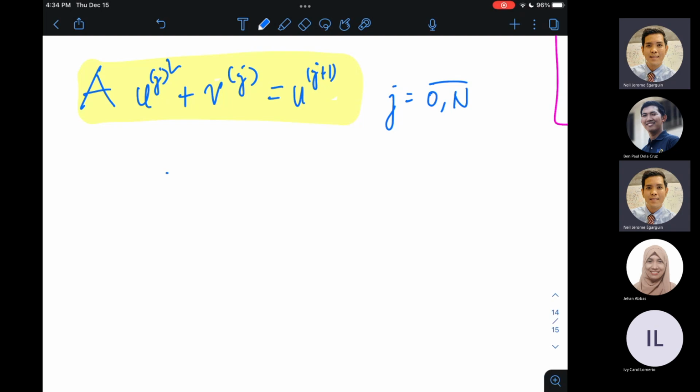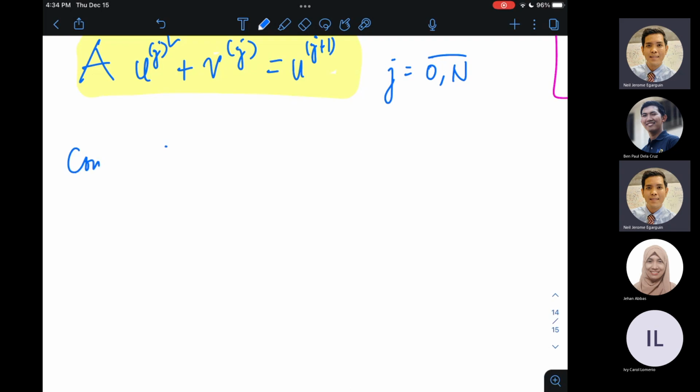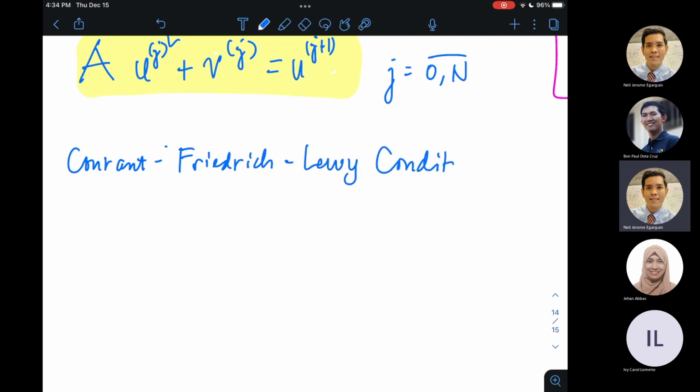paraan to somewhat increase the probability that our method will converge is through a necessary condition, which we call the Courant-Friedrich or Friedrich-Lewis condition, or the CFL condition, right? And it usually varies from problem to problem and from the type of FDS scheme that you have, right?